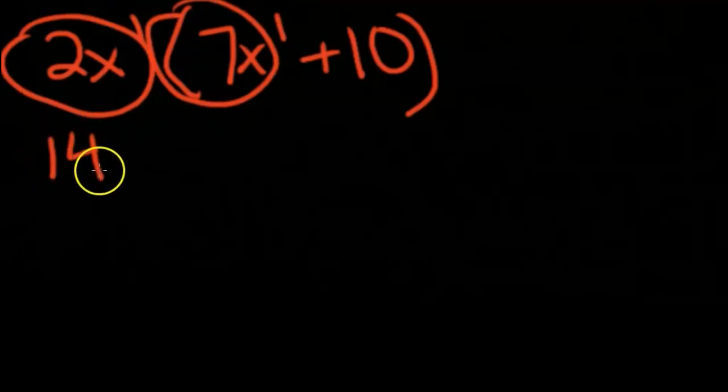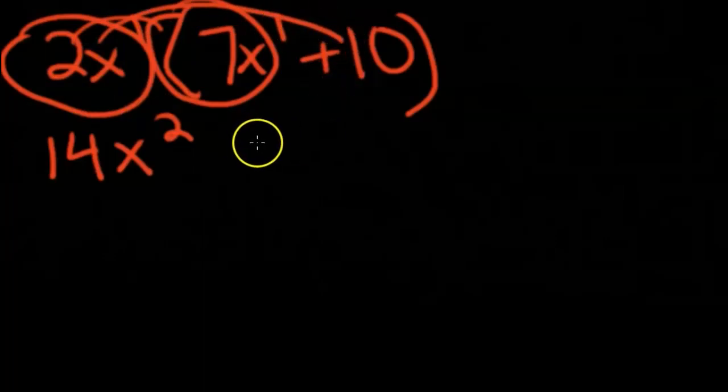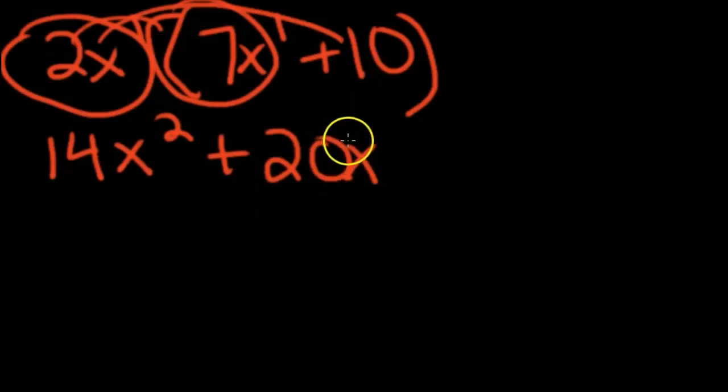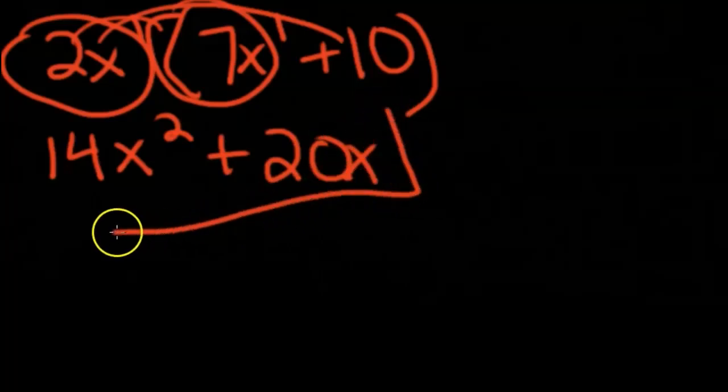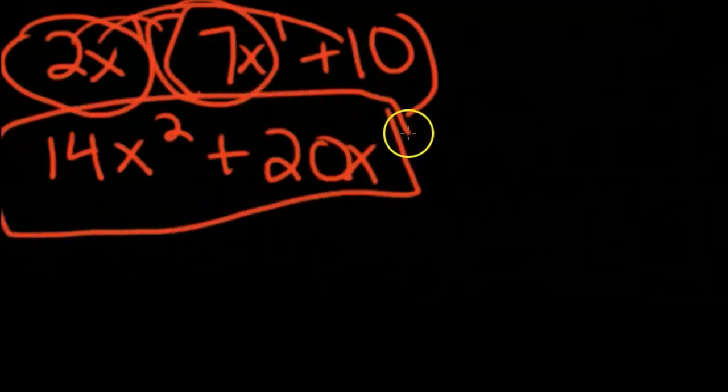Well, that's 14x squared. Then we multiply the 2x times 10, which gives us positive 20x. So 14x squared plus 20x is going to be your answer.